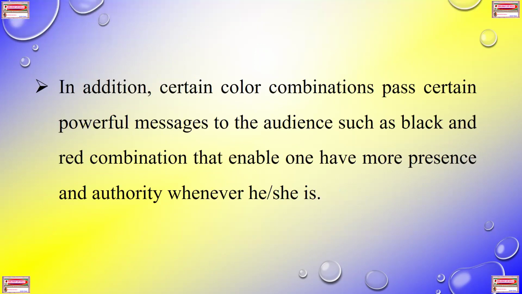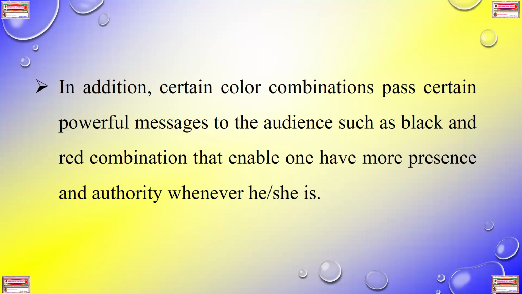In addition, certain color combinations pass certain powerful messages to the audience. For example, when you dress in black and red, the combination enables you to have more presence and authority wherever you are. Sometimes you may want to combine the colors.